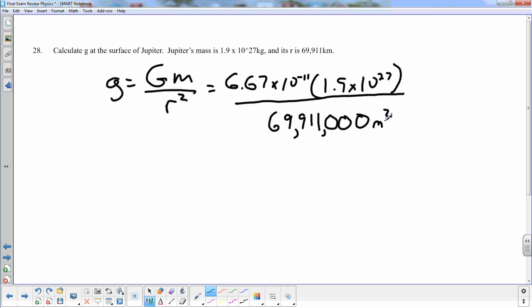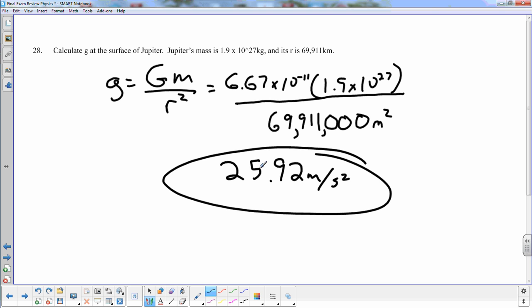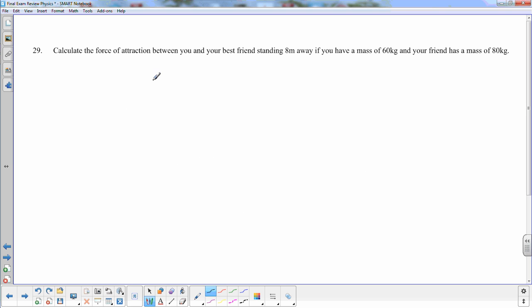Next, calculate the force of attraction between you and your best friend standing 8 meters away. If you have a mass of 60 and your friend 80, we're dealing with force of attraction, which is now Fg equals big G m1 m2 over r squared. There's actually a pretty good video about this too, up on YouTube. 6.67 times 10 to the negative 11 times you times your friend, masses in kilograms, all over the radius squared.